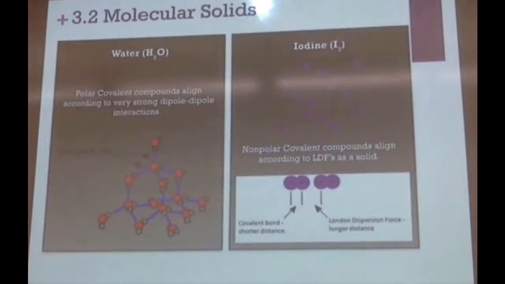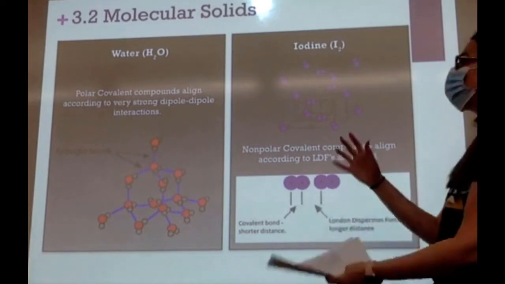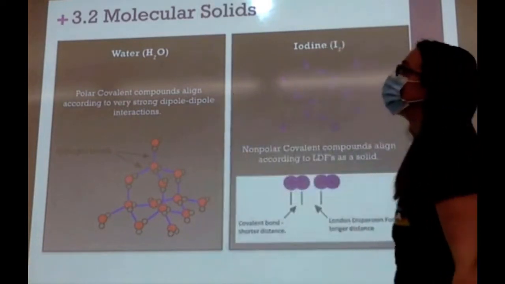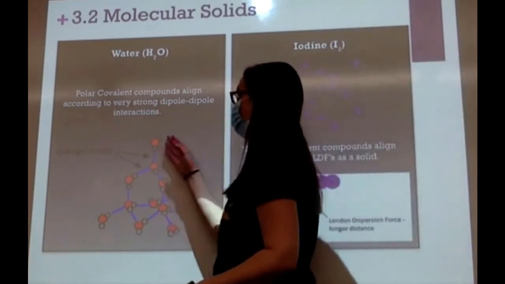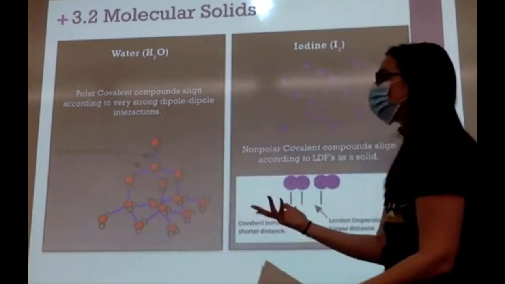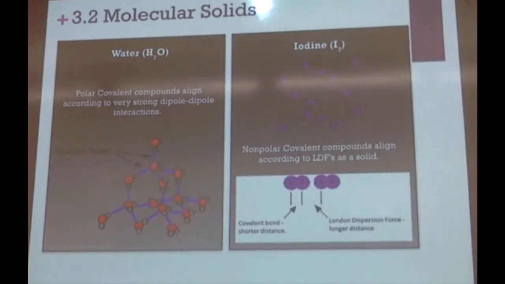Then we look at molecular solids. So covalent network solids are just C or Si, that's it. If it's any other non-metal, we're looking at molecular solids, and molecular solids are held together with intermolecular forces. So water, ice is water molecules in the solid phase. Ice is held together with hydrogen bonds. It's an intermolecular force.